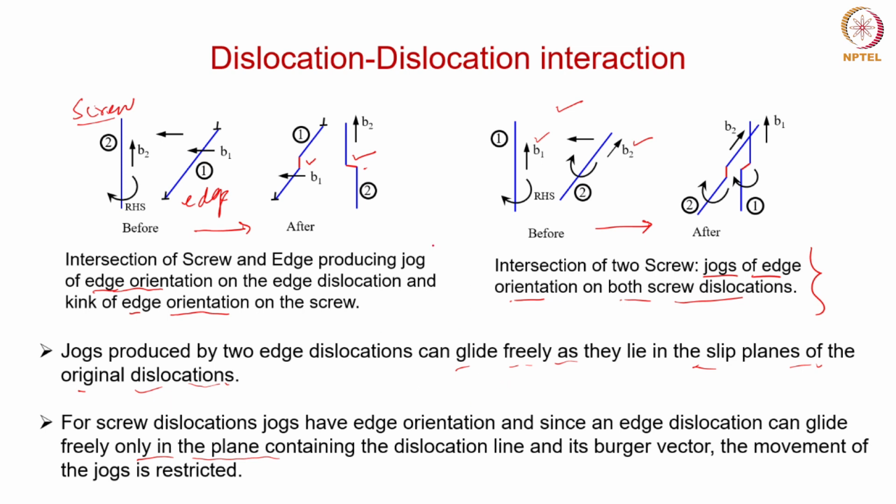So that is how when dislocations interact with other dislocations, their movement is hampered due to creation of jogs and kinks on the dislocation lines. Okay, so this is what we call dislocation interaction. This goes by other names also, for example, forest dislocation or forest dislocation interaction.